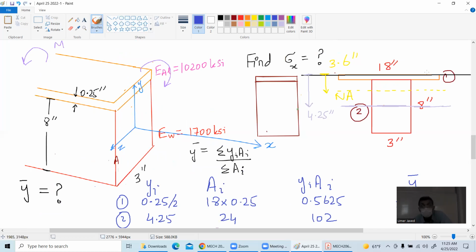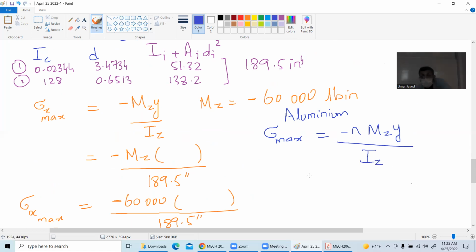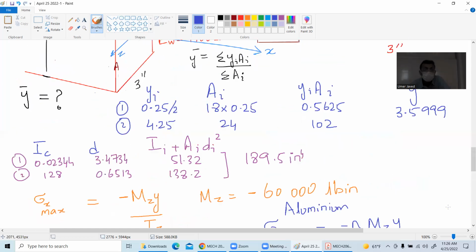So since we have replaced aluminum with the wood, I have to multiply the aluminum with the N divided by IZ, which is equal to N was 6 if you remember. MZ is 60,000. By the way, in an exam setting, most students forget this N. Multiply by the Y that you have to tell me divided by IZ. So give me the maximum stress in the aluminum.